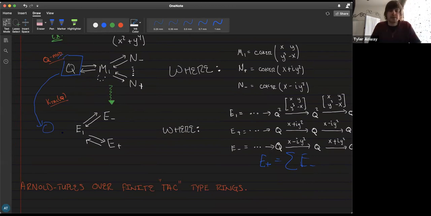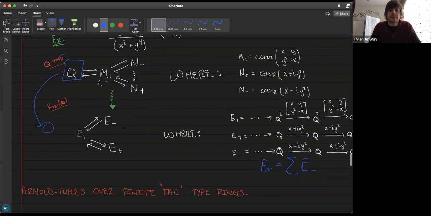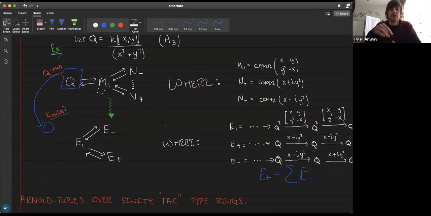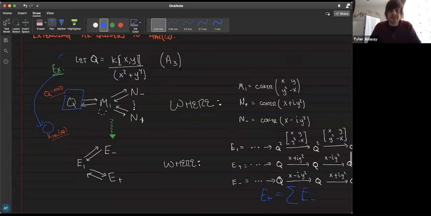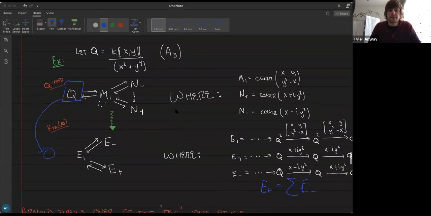So this is one example of how you might extend to the category Ktac. And I've actually done this type of extension for all of these A's, D's, and E's, but they can get quite complicated.